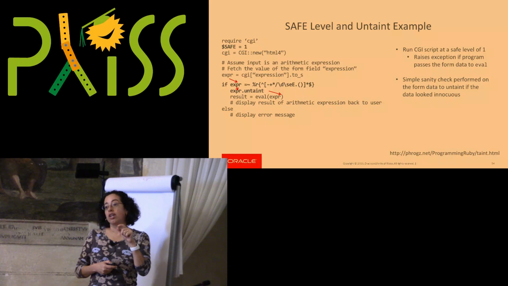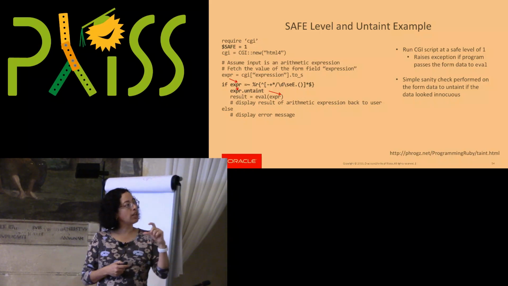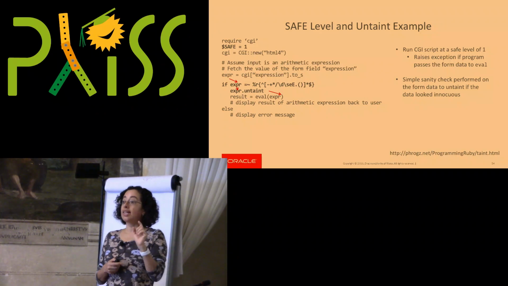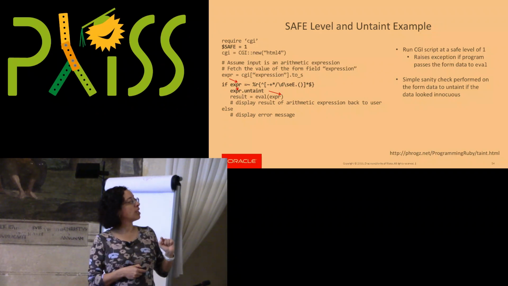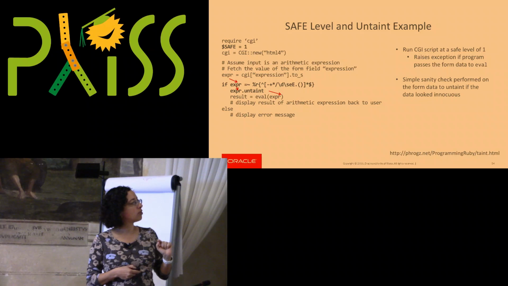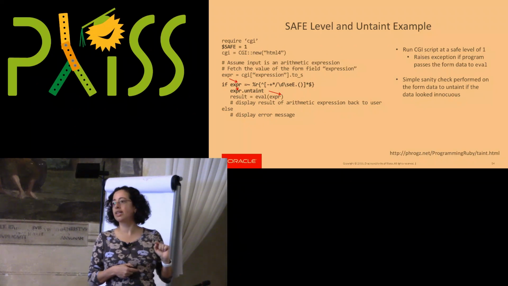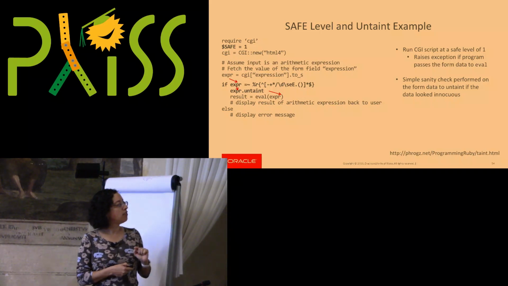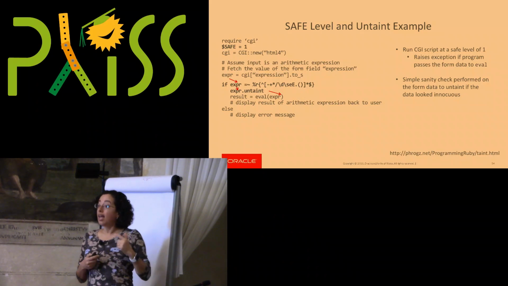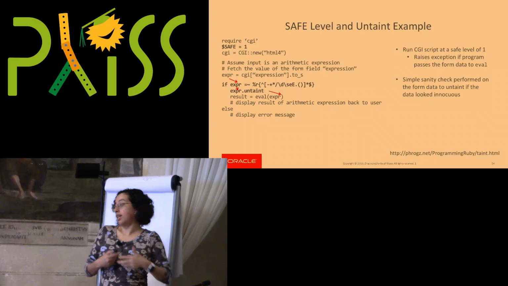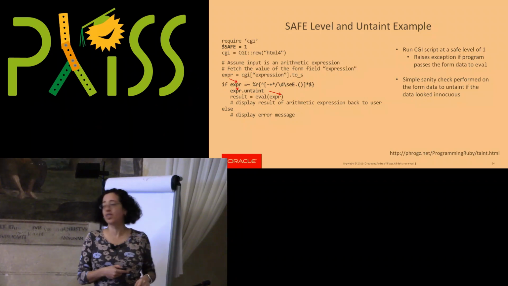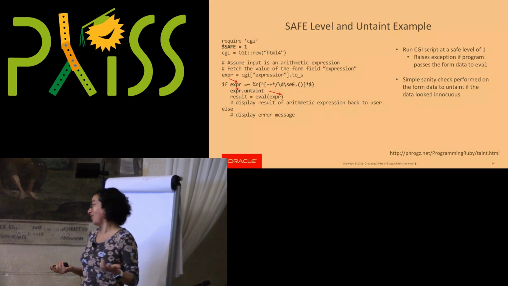In Ruby, you as a developer actually have to explicitly tell the Ruby system that the data is now untainted. So it's like you're saying, when I'm doing this type of comparison, I know that's equivalent to untaint, and so now I've made this expression untainted, right? And so if it's untainted, when you do the eval of that expression, the runtime system will let you do it, and it's going to execute that expression. So long as your regular expression is correct, then that is safe to execute, right?